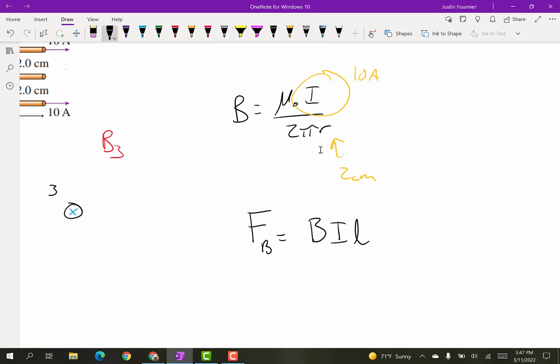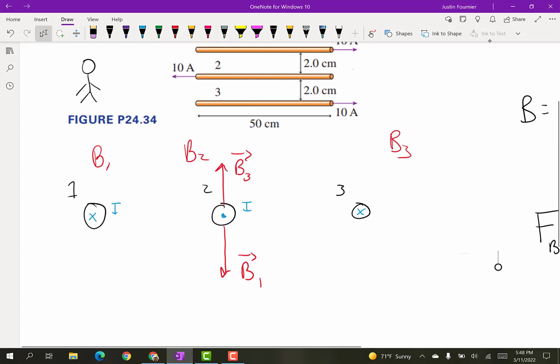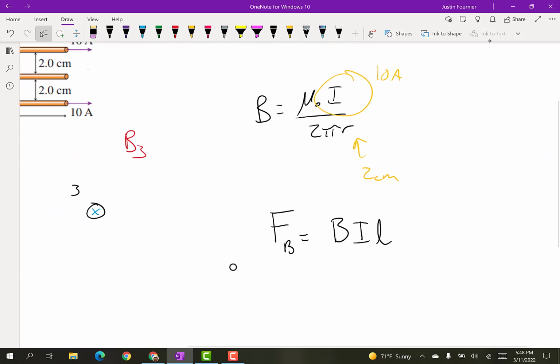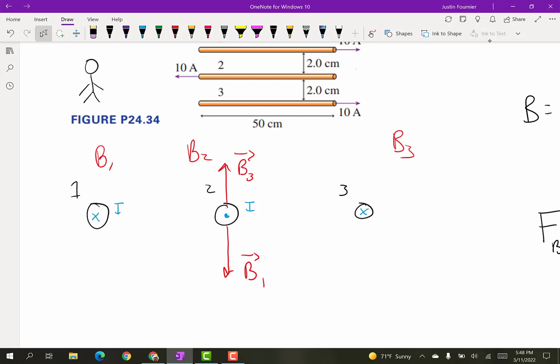I can see that these are just going to cancel each other out. So the magnetic field here is going to be 0, and 0 times anything is 0, so the force that it feels is going to be 0. I don't need to worry about that then.